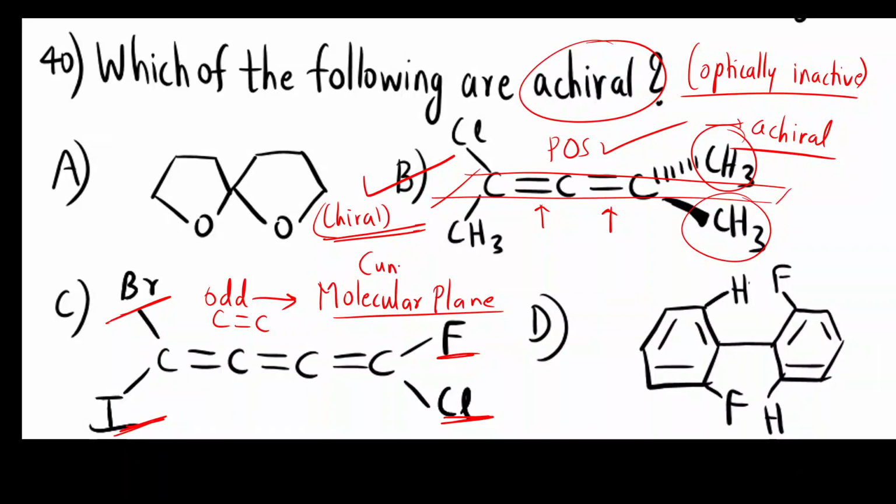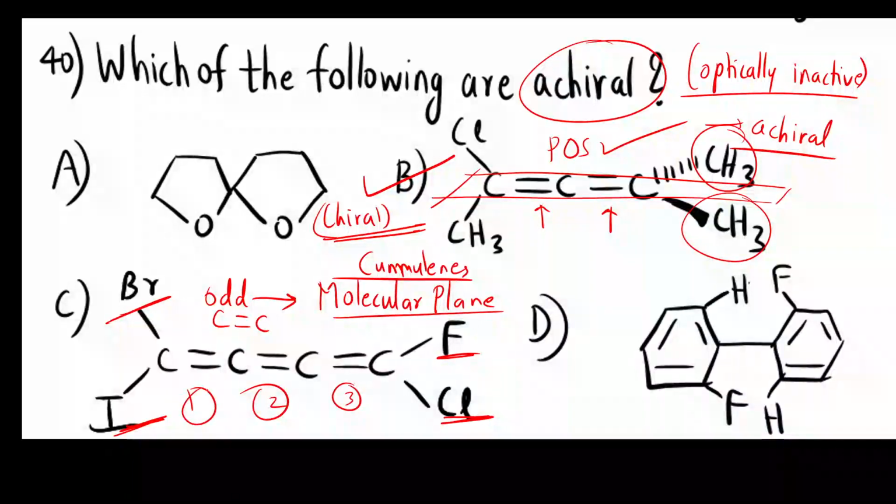This is called cumulenes. We had already seen in the video cumulenes, 1, 2, and 3, right? 3 pi bond means it is an odd number of pi bonds. So molecular plane is present, so it is going to be achiral.